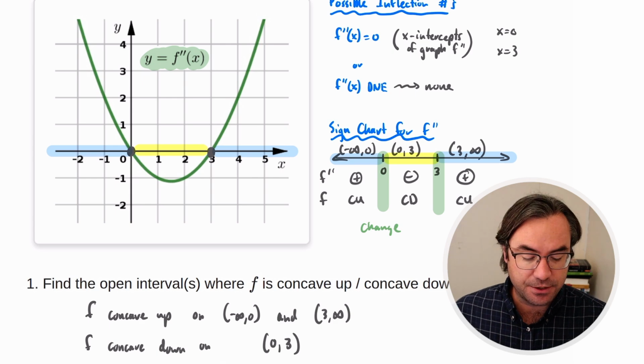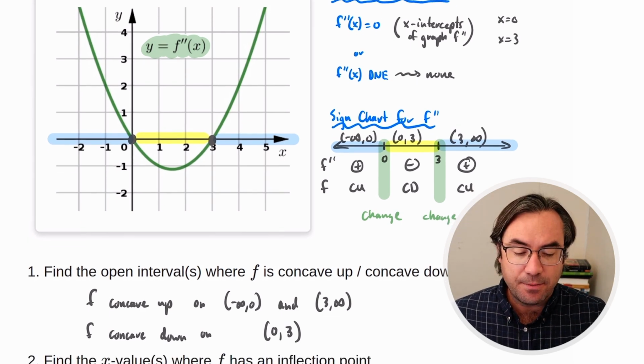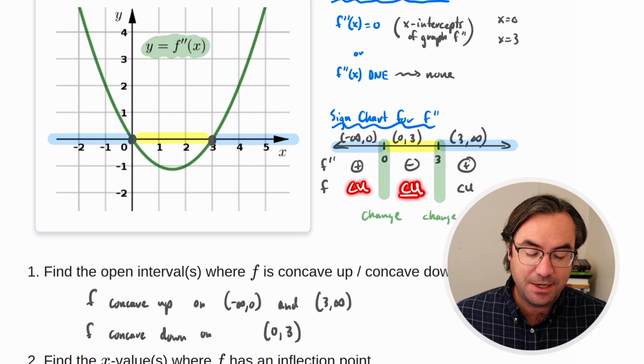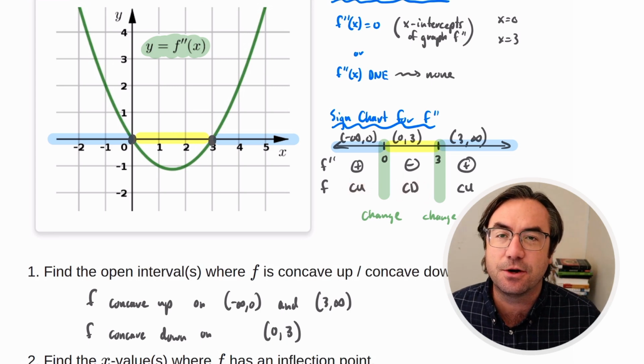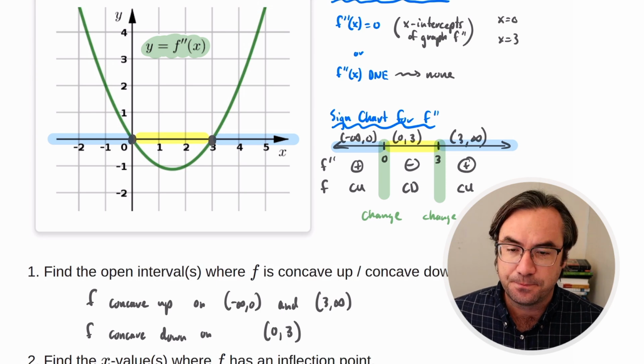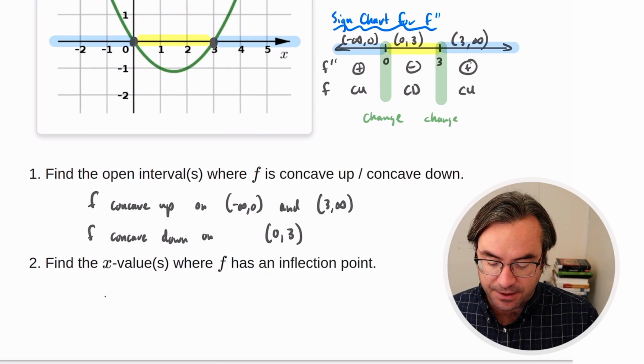So there is a change there as well. So it's possible with graphs, you might be concave up on one side, and then still concave up on the other side. So you don't necessarily have to have a change in concavity, but in this case we do. So our x values here are x equals 0 and x equals 3.